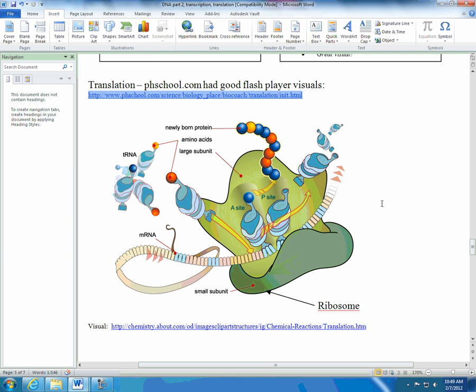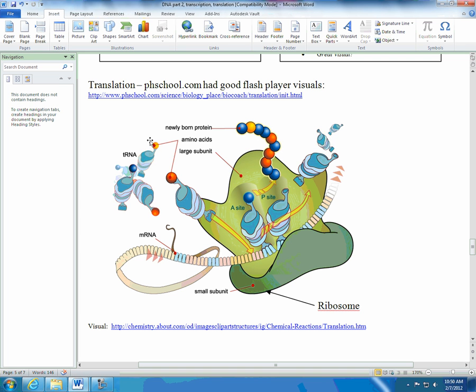What this is showing is, here's our mRNA, whether it was from a prokaryote or a eukaryote, it doesn't matter. It's mRNA, and it's going to be feeding into a ribosome, that's what these arrows mean. And what you have is tRNA. The tRNA is cruising around in your cytoplasm, grabbing an amino acid.